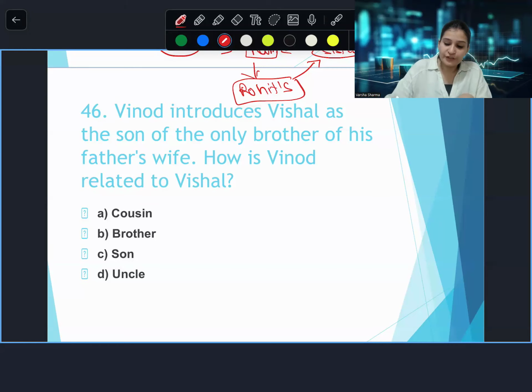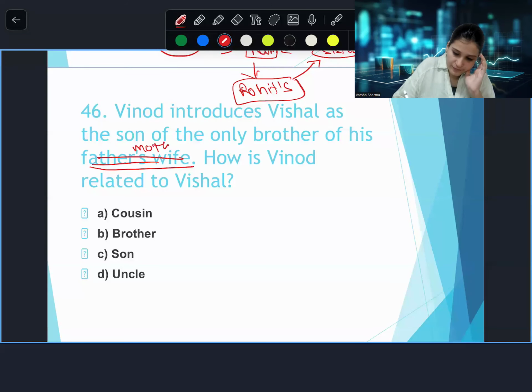Vinod introduces Vishal as his father's wife. His father's wife is basically mother. Father's wife means whom? Mother, right? Yes, ma'am. So here is mother. His mother means Vinod's mother.